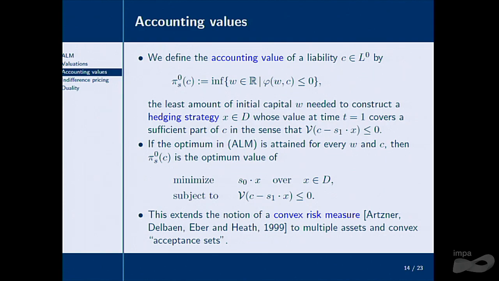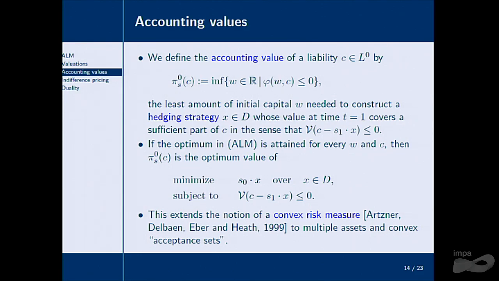You could have other values here. It's not really important. But the question is this: how much cash would you need today in order to cover the claim, so that your net position in the end is nice enough? Here we measure the niceness by the objective value of the ALM problem.